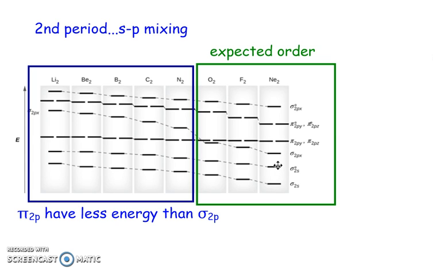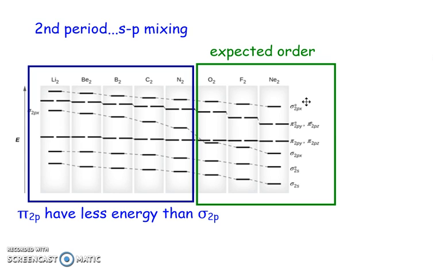So the sigma s, sigma star s, so bonding and antibonding for the s orbitals, bonding sigma for the p, bonding pi, 2 of them for the p, and then antibonding for the pi, antibonding for the sigma, is the expected order of those molecular orbitals.